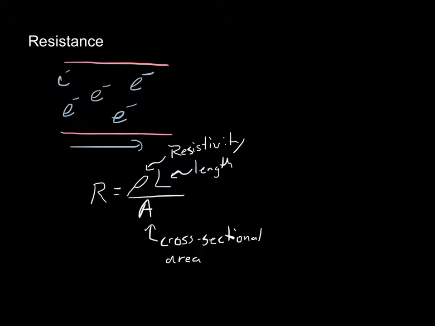Those three things factor in: how well the material carries the charge, how far it has to carry it, because the further it goes, the more bumps happen along the way, and the cross-sectional area, because the smaller the area, the harder it is for all those electrons to squeeze through, and so the more resistance you encounter. The unit for resistance is an ohm, indicated by the capital Greek omega. However many ohms a resistor is, is how we measure its resistance.